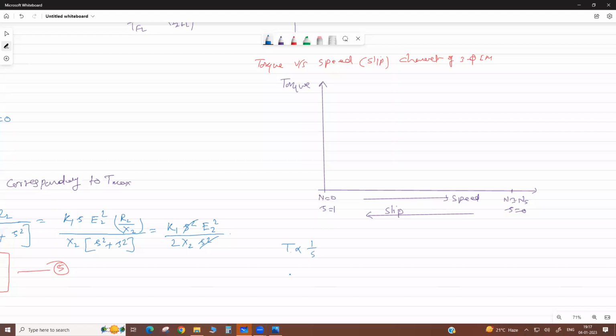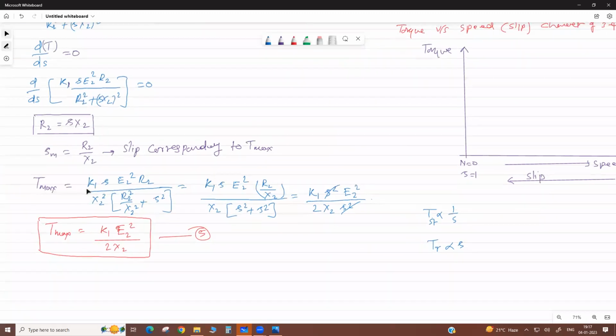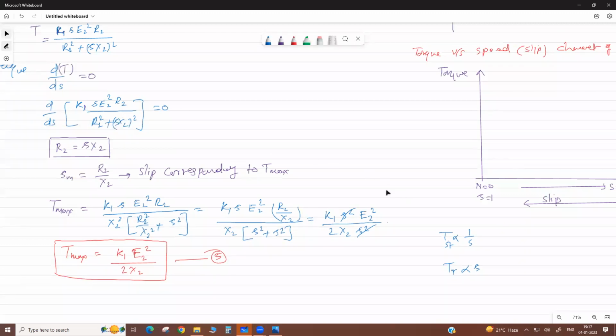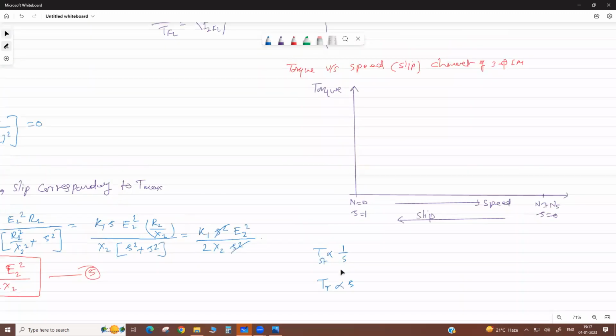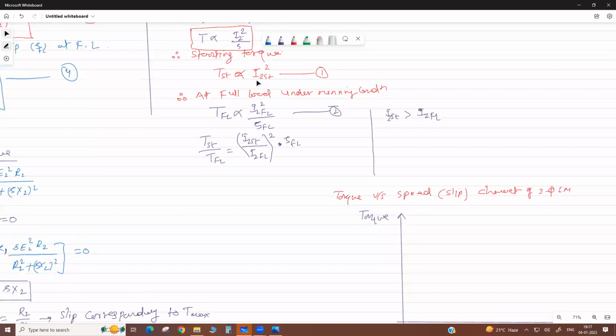And under running condition, the running torque is directly proportional to slip. Okay, why? From this equation, when we apply the starting condition, the starting torque is inversely proportional.